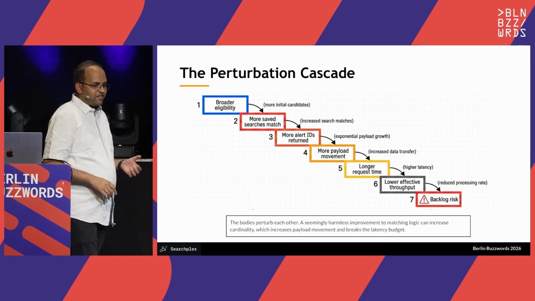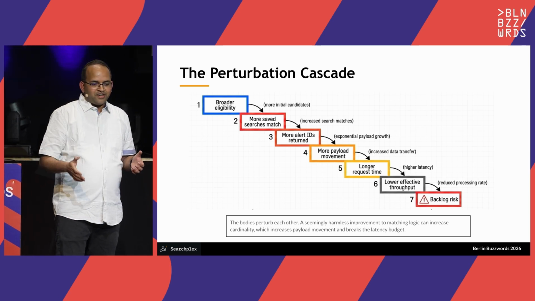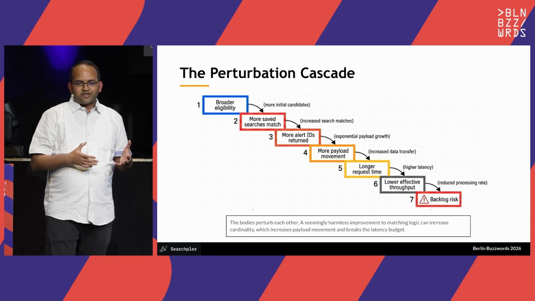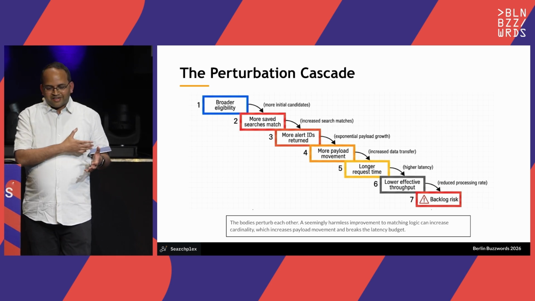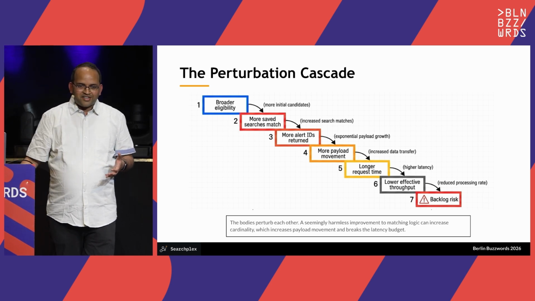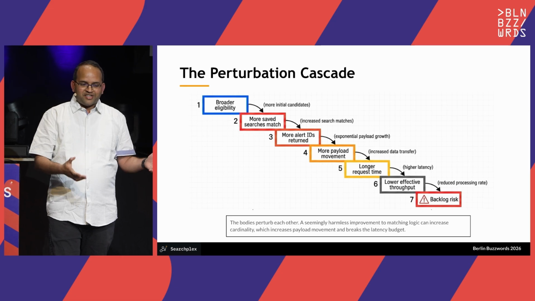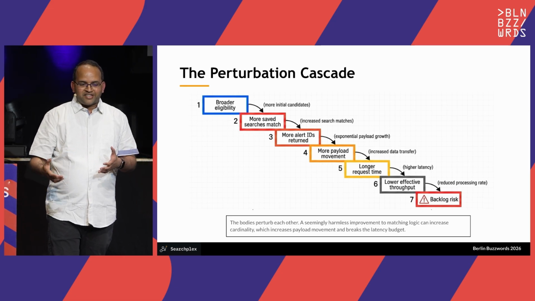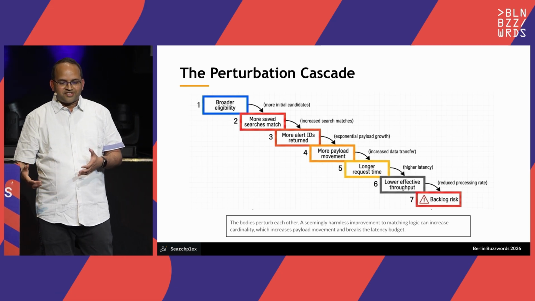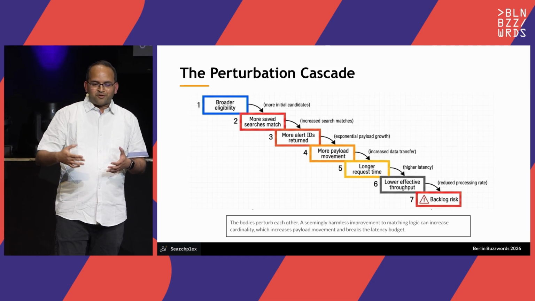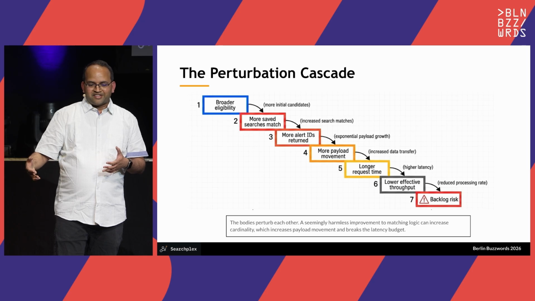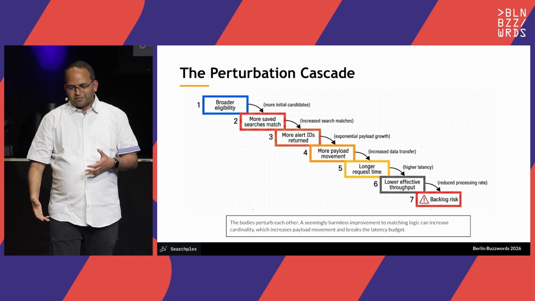So this is the flow that is sort of perturbation is what I call, like it has a cascading effect, like the broader eligibility brings more candidates, has more matches, and more payload size, and more payload size moving around has an effect on the request times, which has an effect on the throughput.